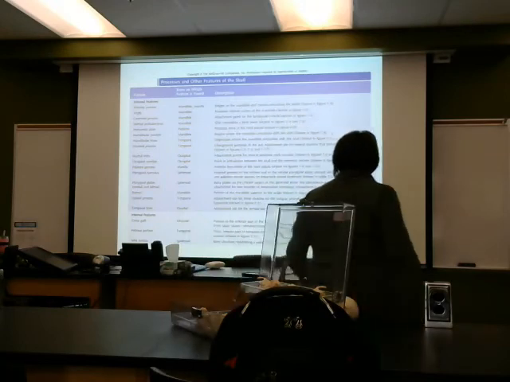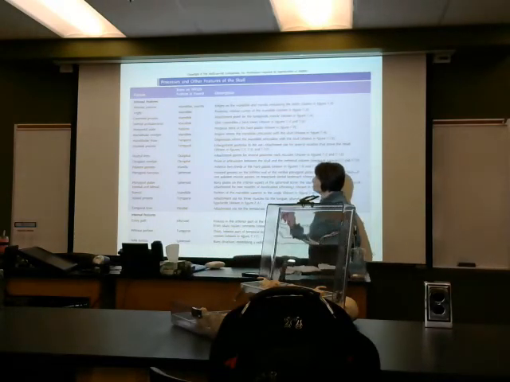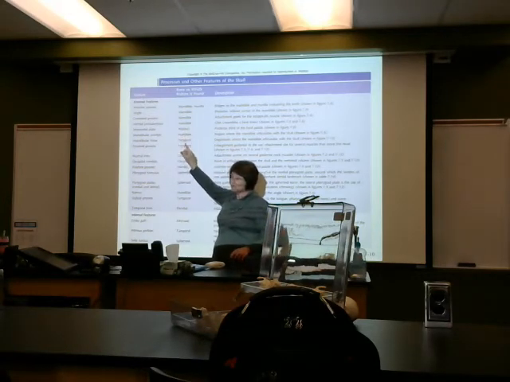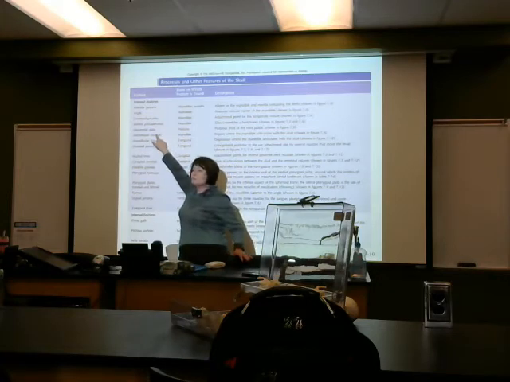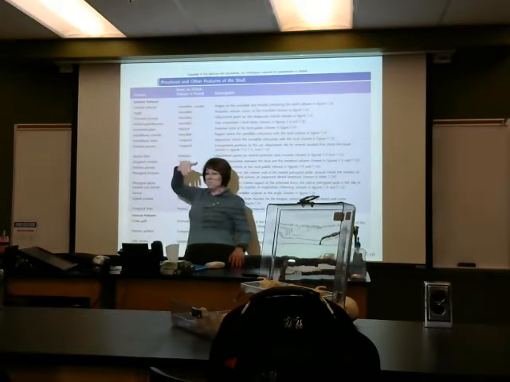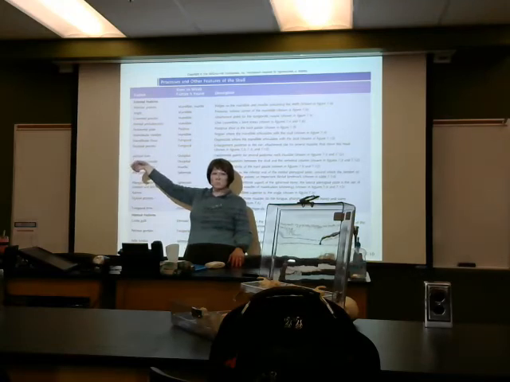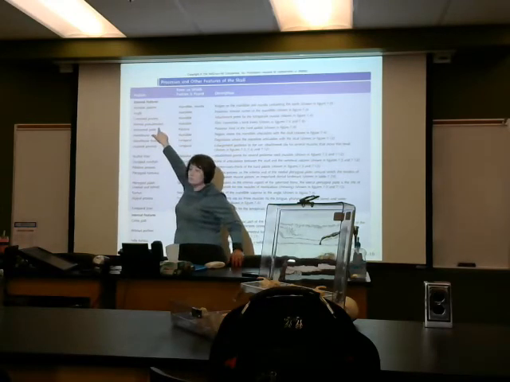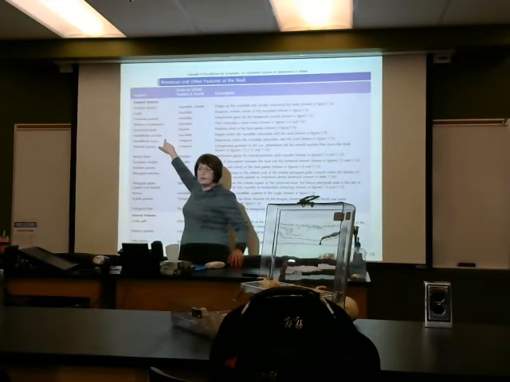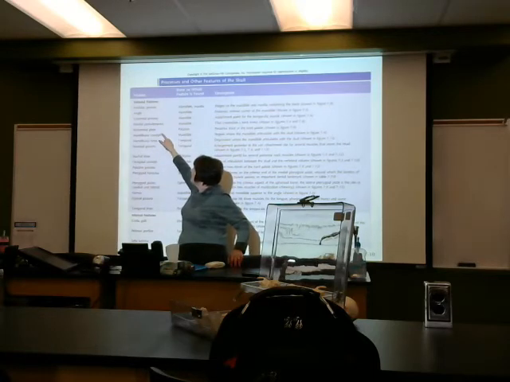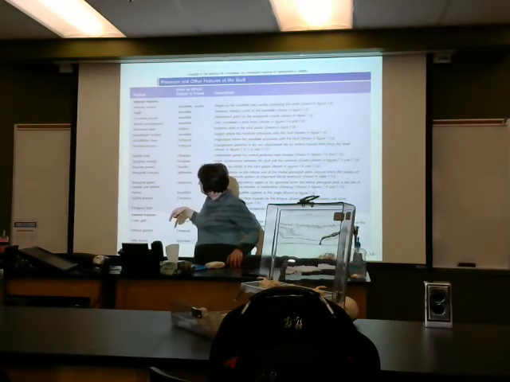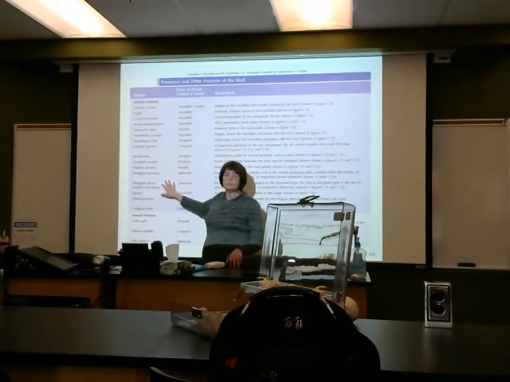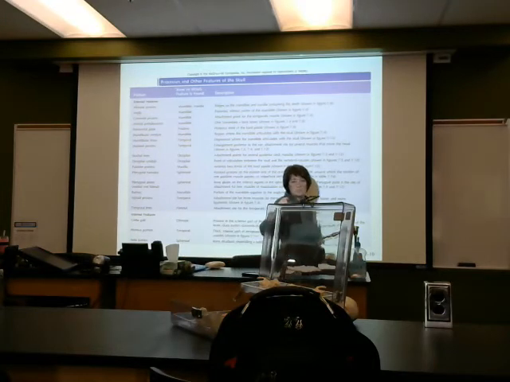When we look at some of these bones, one of the things that's kind of cool about this list right here, these terms that you have to study, like for that matching that I'm probably going to put together, look at how many different terms are associated with these bones. I see fossa, I see condyle, I see process, I see lines. These are all terms, and they're letting you know something about the structure.